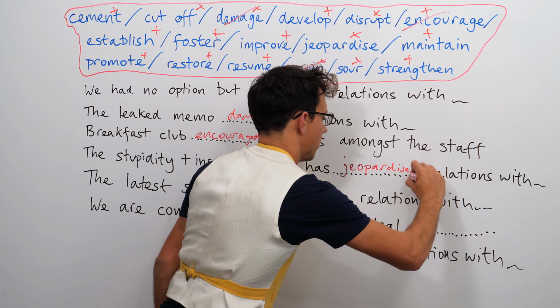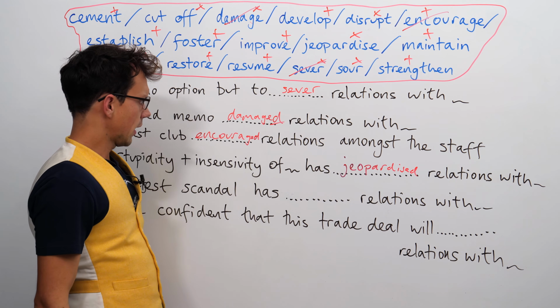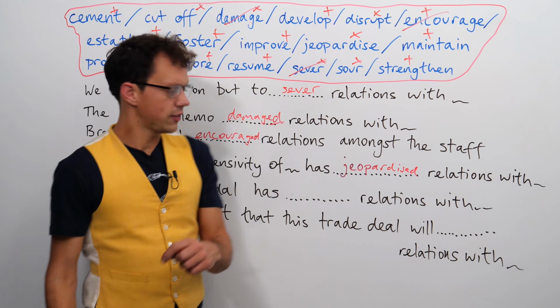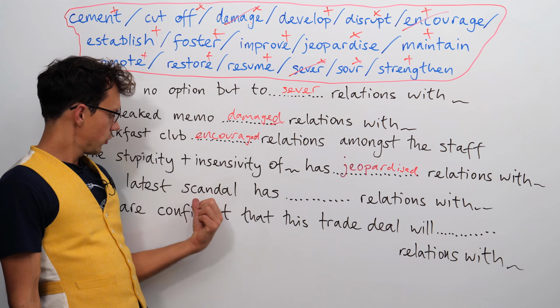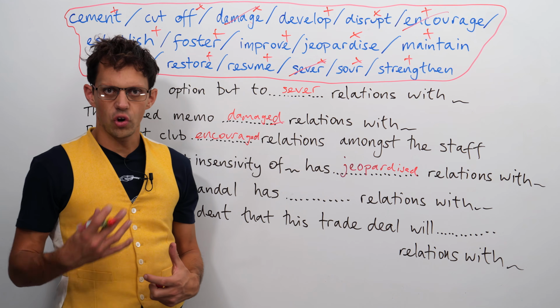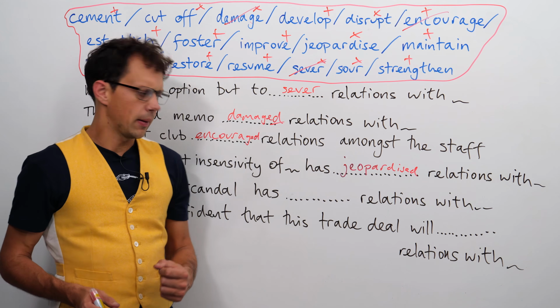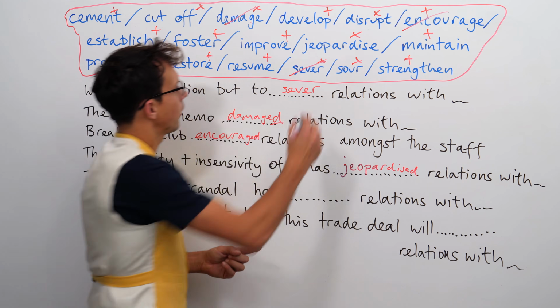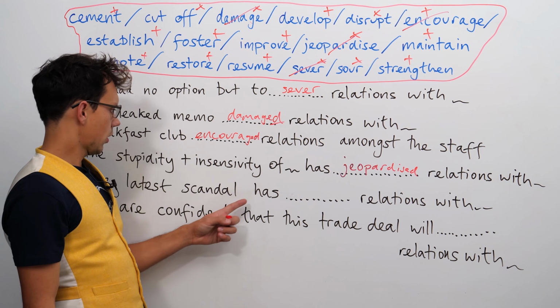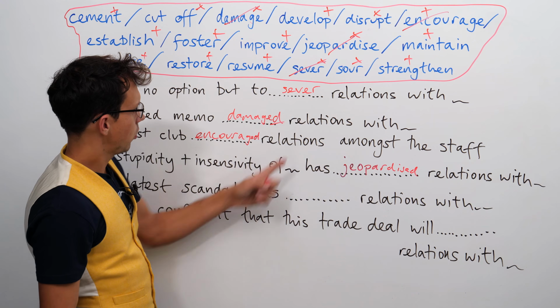My pen has gone multicolored. Right, next sentence. The latest scandal has. So scandal is something kind of shocking happening. Again, it's something bad. Right, so we're looking for a bad one.